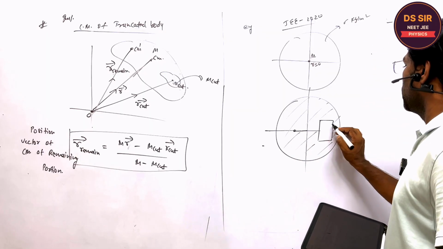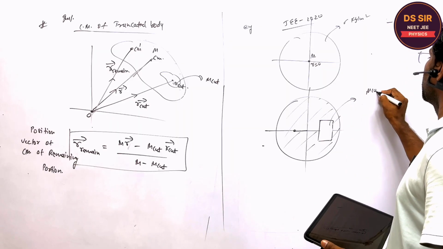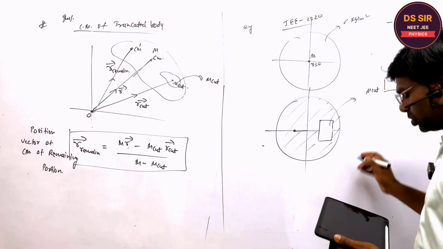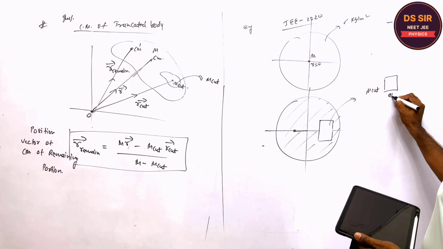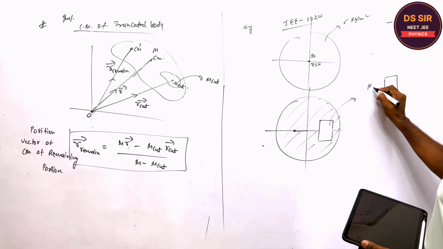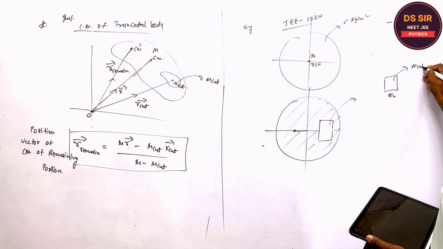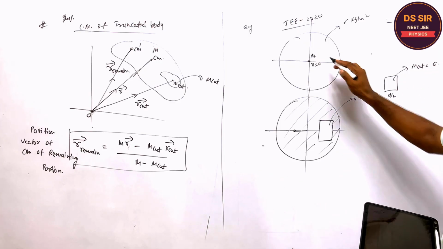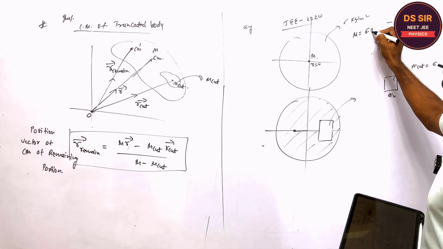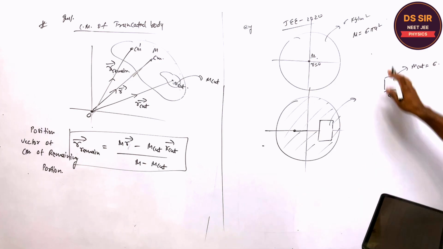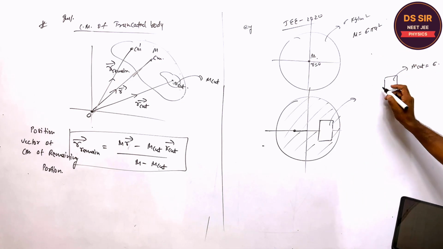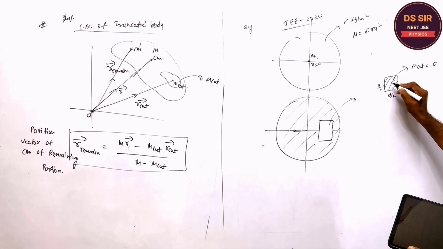Right? So if this is the m cut, this is the square. So what is its side? Say a by 2. What will be the m cut? Can you tell me? Its mass will be equal to sigma into area. What is the area of this square? You tell.